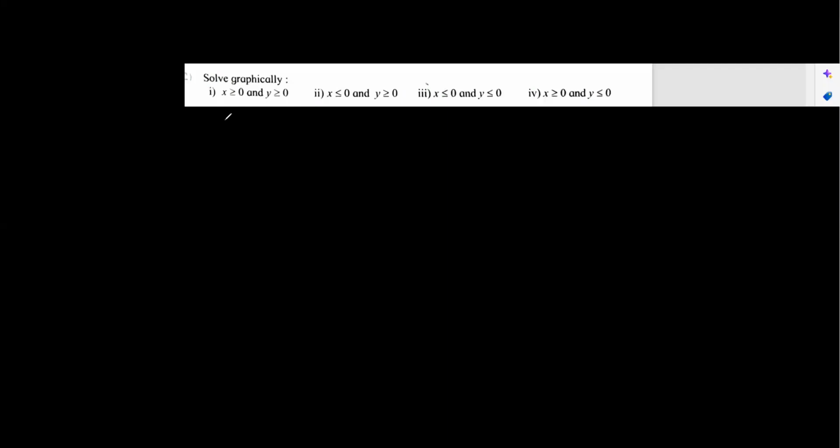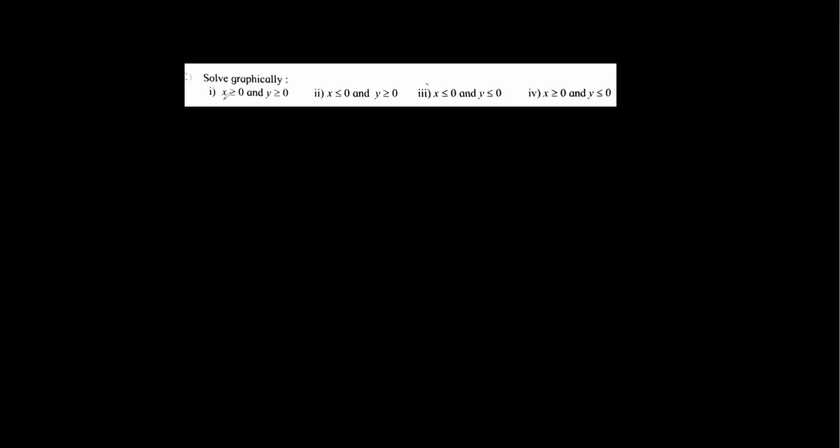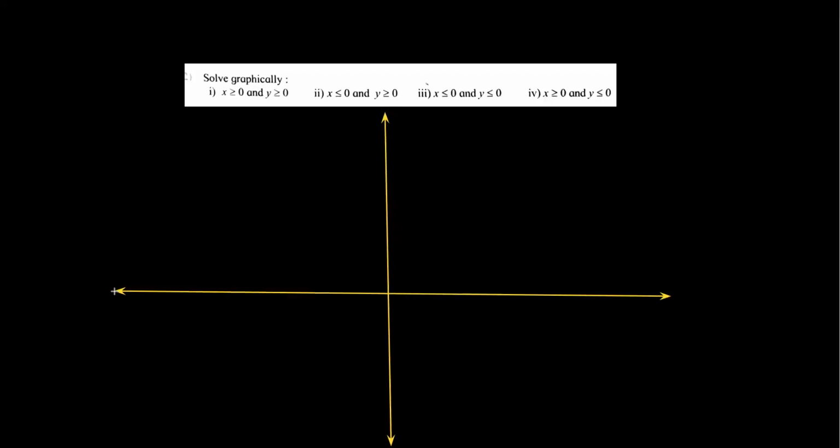This time we have to solve graphically x greater than or equal to 0 and y greater than or equal to 0. So see, how do I do it? First of all, I'll draw the coordinate axes, the y-axis and x-axis.